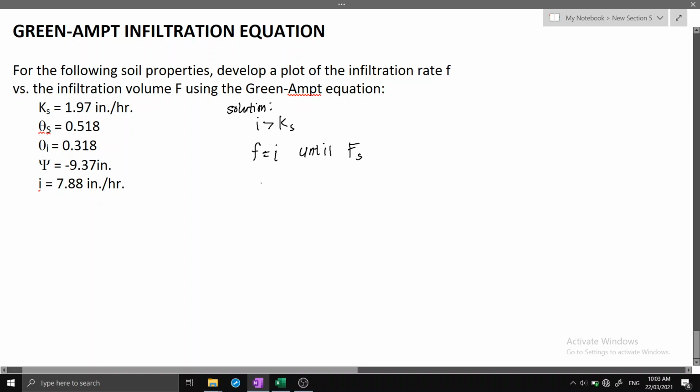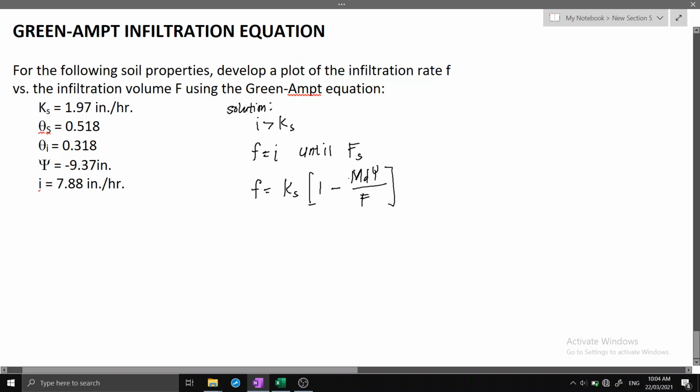After that, our infiltration rate f is given by Ks times 1 minus MD psi all over F. The maximum hydraulic conductivity is already given, as well as the suction psi.